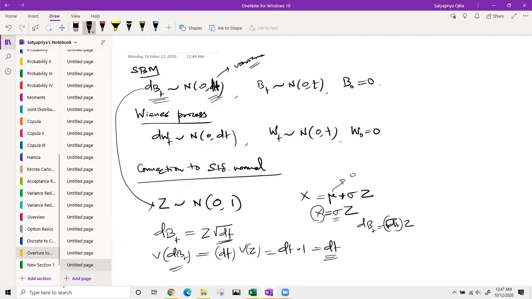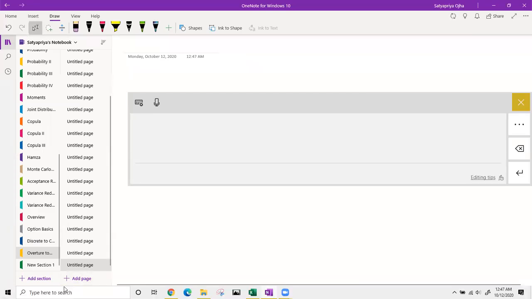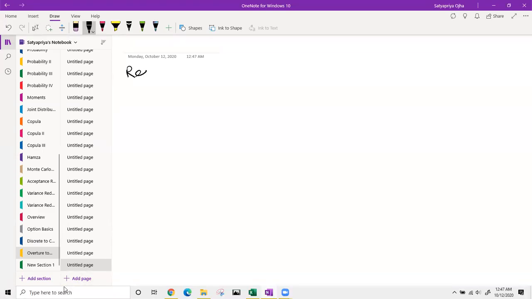Some more properties. Rescaling property. It's pretty interesting. This quantity, what is the mean of this? So basically what I'm doing here is c times t, c is a scalar. So you're looking at a Brownian motion at 5 times t. What would be the property?